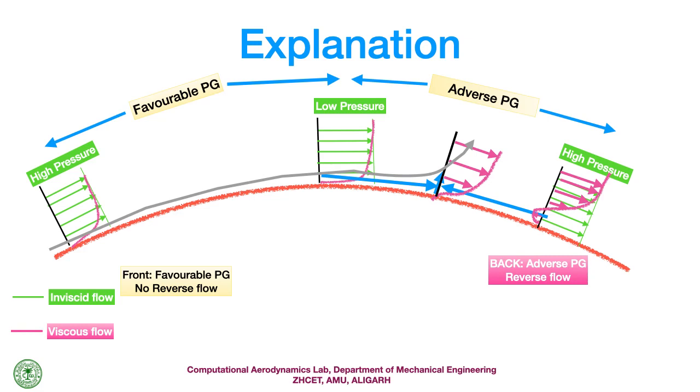Now, if I draw another streamline from here, the particle is coming from here, and since it is a reverse flow, it is coming from the back, and at this point it will try to go upwards. Therefore, you can see that this is the point of separation.